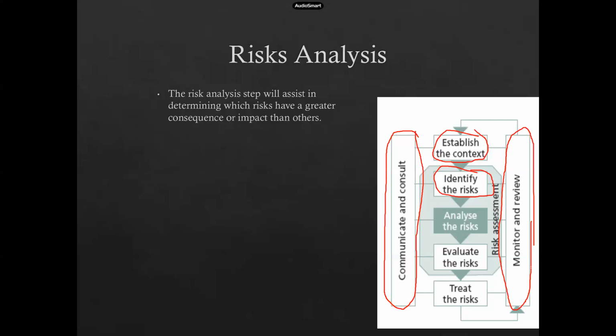And after the treatment, we can monitor if we do have any further risks of the similar type or not. That is the reason why this arrow is going towards this side.